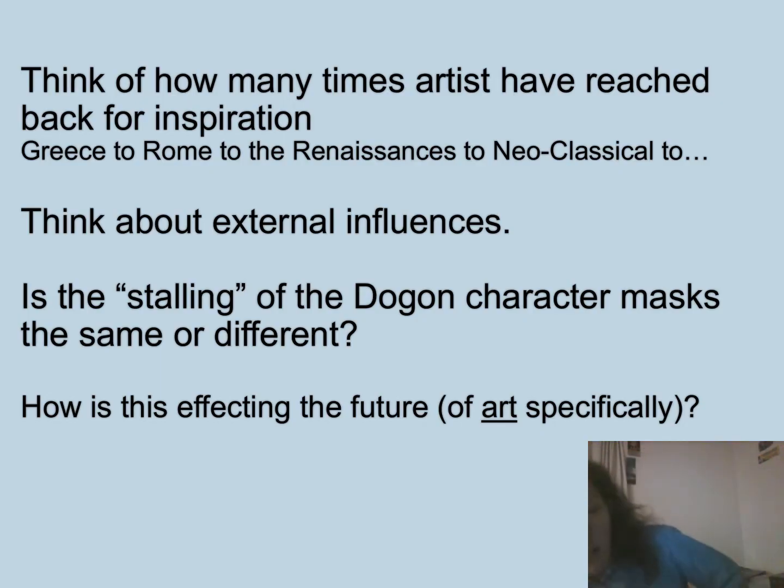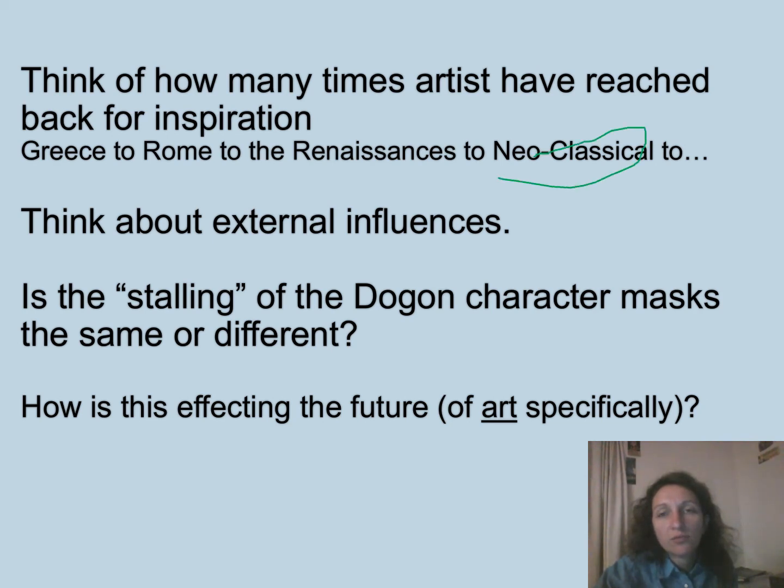So this is the slide where I wanted to ask you guys all of the questions. We just got done learning about neoclassicism and how it sort of drew on the stories and traditions from the Renaissance.